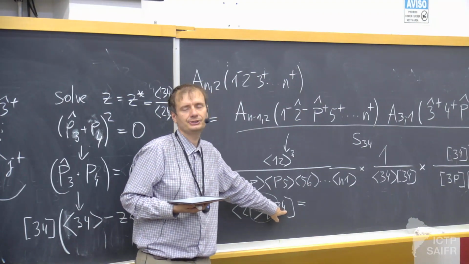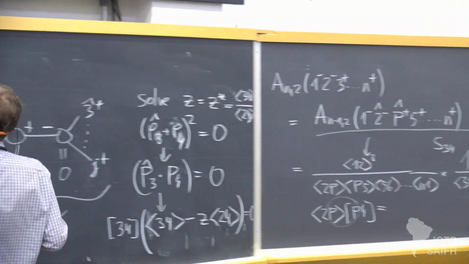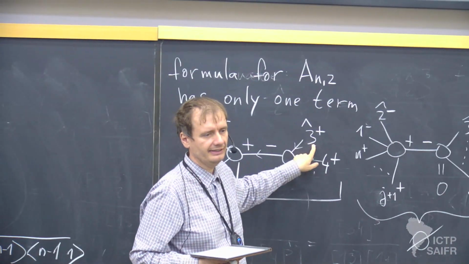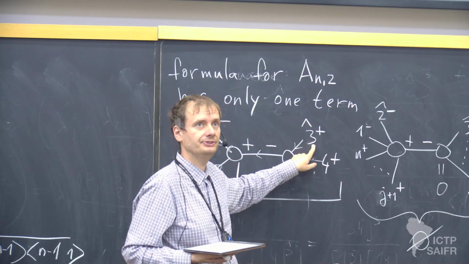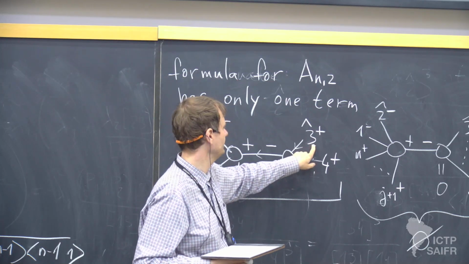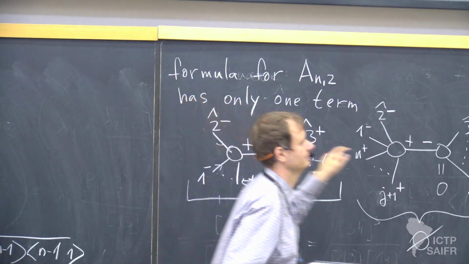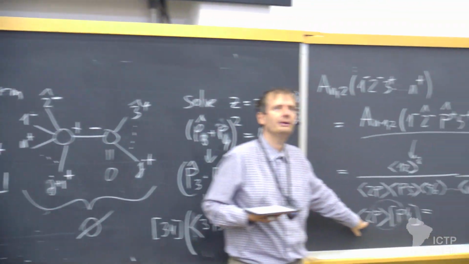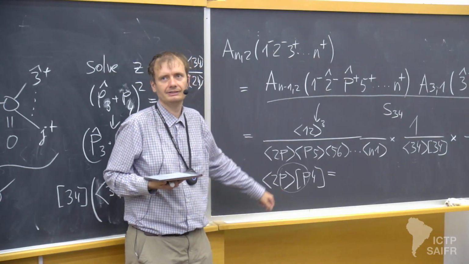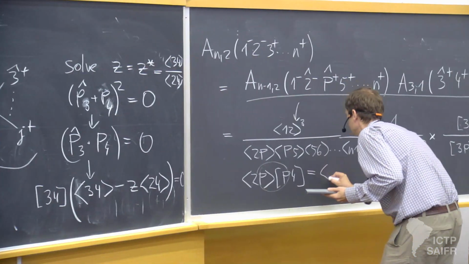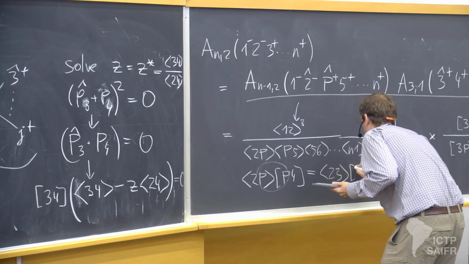So the only thing which survives is the P3 hat. The P3 hat has the unshifted piece, which is just P3, and the shifted piece. The shifted piece depends on lambda 2, and that gets killed by this 2. So the only thing that survives is actually 3. So this is equal to ⟨2 3⟩⟨3 4⟩.